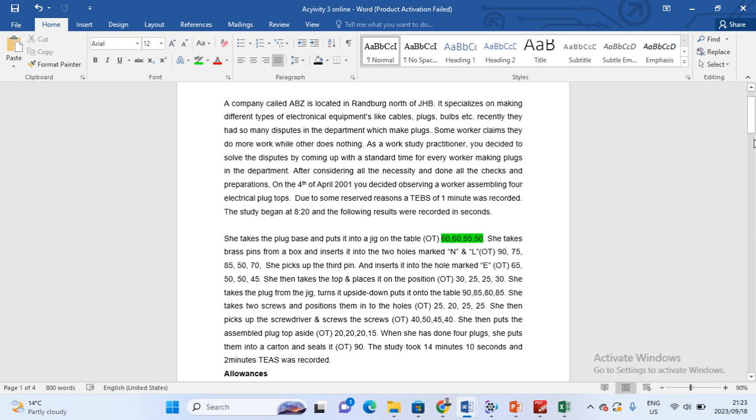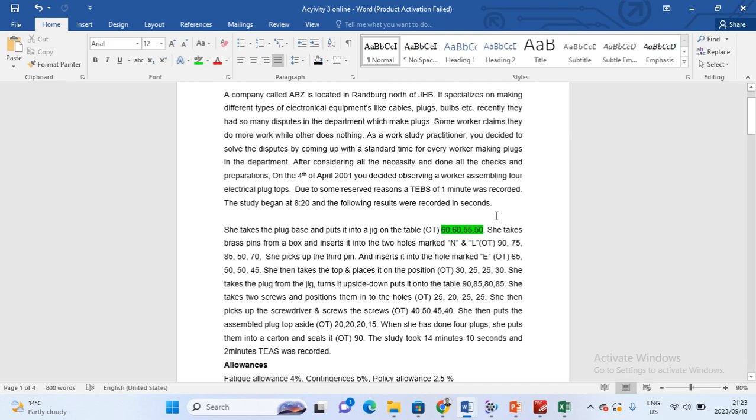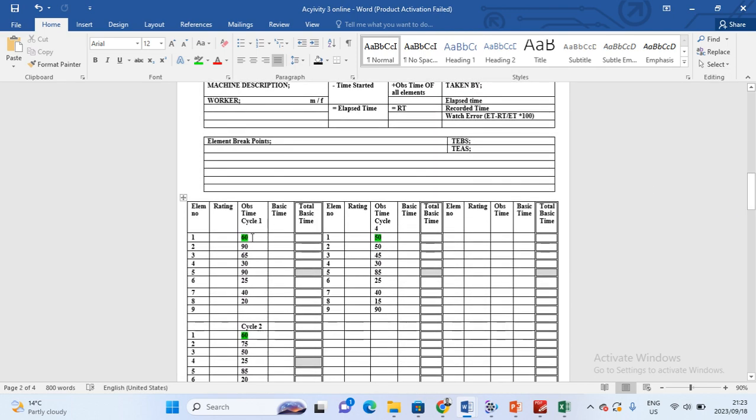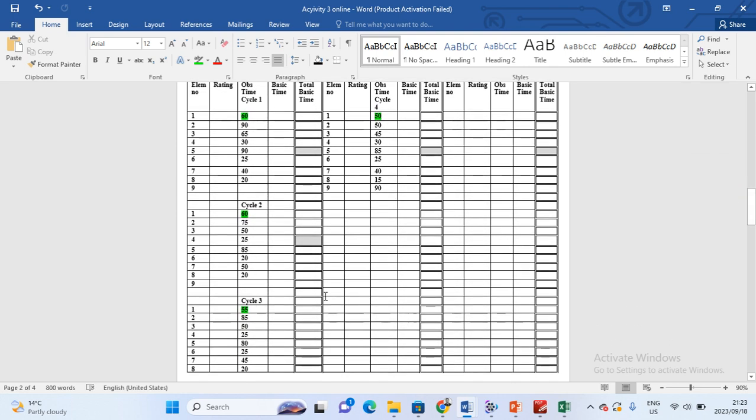Right. Then this in green here, as I said, this is what is happening here. 60, 60 in our first and second cycle, 55 in our third cycle, and lastly 50 in our fourth cycle. And as I explained earlier, 90 happened in our fourth cycle when she's done with everything and put everything in a carton and it took her 90 seconds for her to do that.